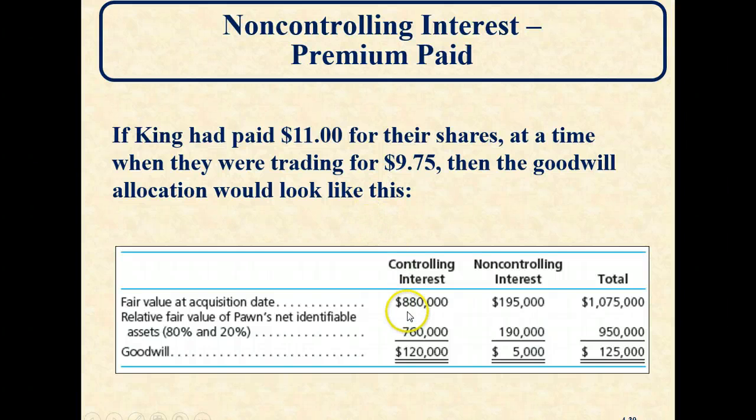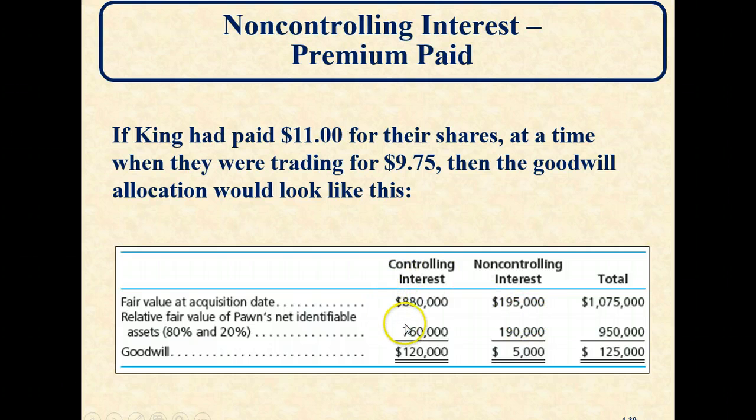So do you see our controlling interest is at $11 times those 8,000 shares. Now the non-controlling interest is still sitting at $9.75 a share, the 2,000 shares they own. So because we paid excess, that's only going to affect us, the controlling portion. The non-controlling interest is going to stay the same.